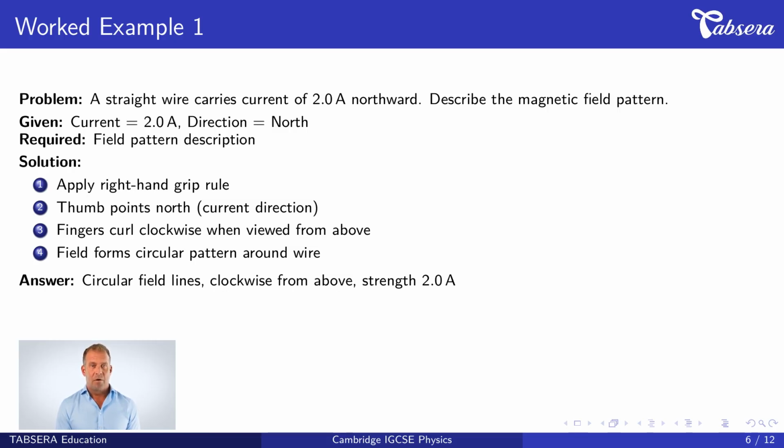Point thumb north following current direction. Conventional current flows from positive to negative. Step 3. Curl fingers around the wire. When viewed from above, fingers curl clockwise. Step 4. Field forms circular pattern around wire. The pattern is concentric circles. The answer? Circular field lines, clockwise when viewed from above, with current strength 2.0 amperes determining field intensity.